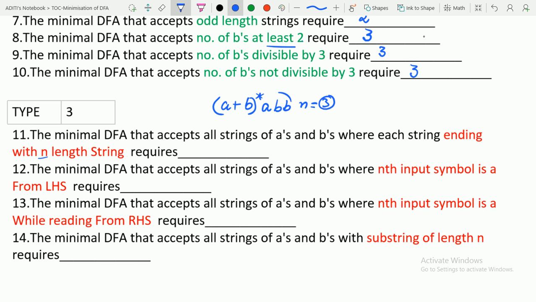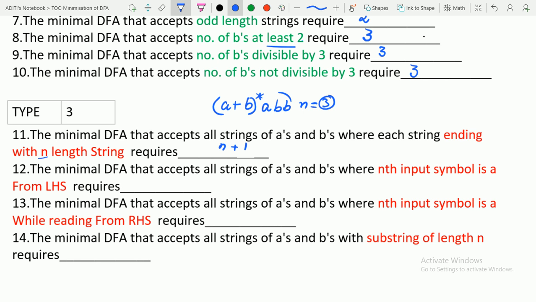How many states are required? Ending with a particular n length string will require n plus 1 states, you have to remember that.